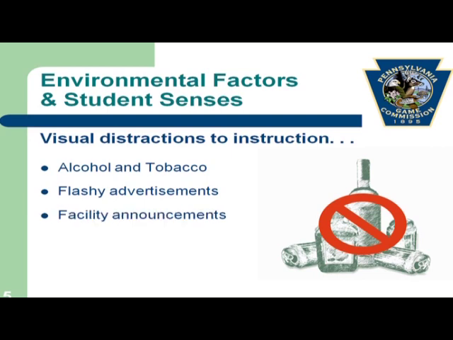Facility announcements such as tournaments, shooting events, and other social gatherings. Inappropriate materials. Materials that are not age appropriate for the students in the classroom. And finally, poorly lit classrooms. If students cannot see what is in front of them, they cannot learn what they're there to learn.